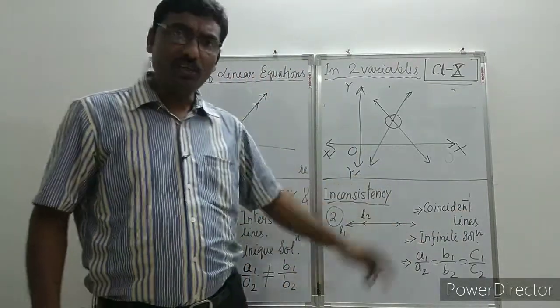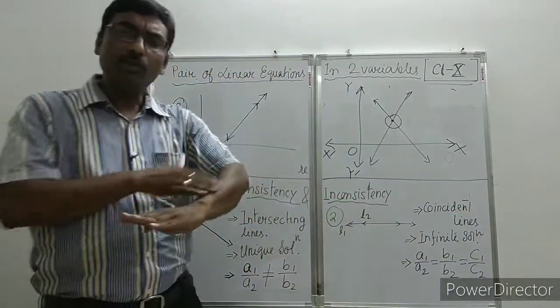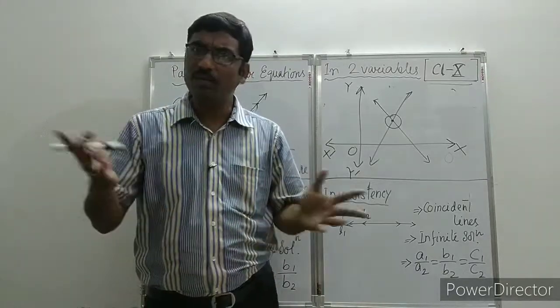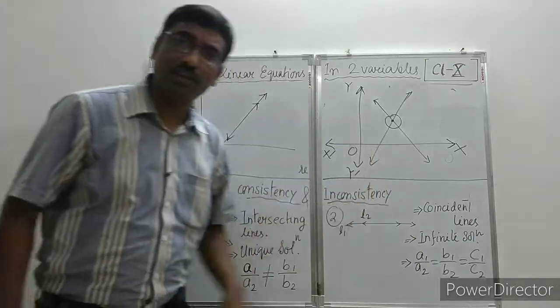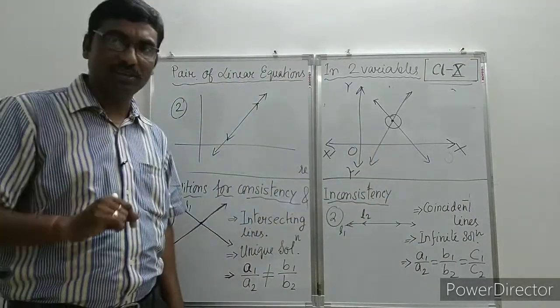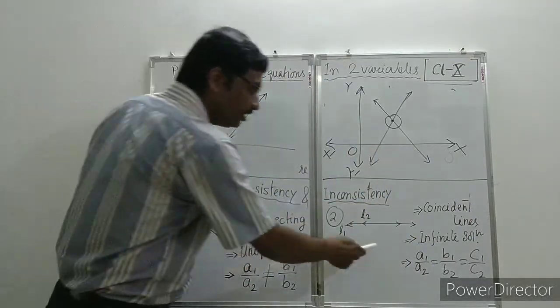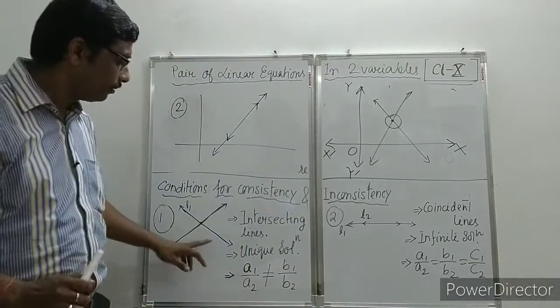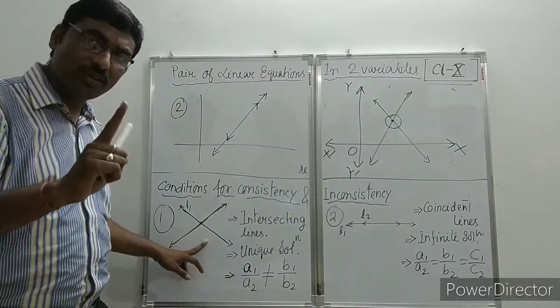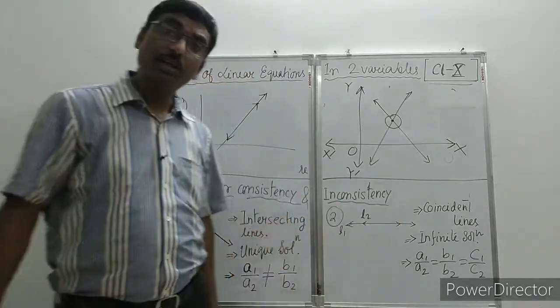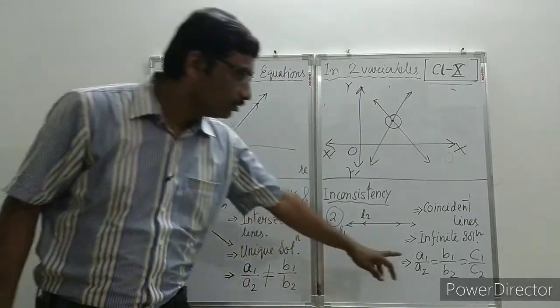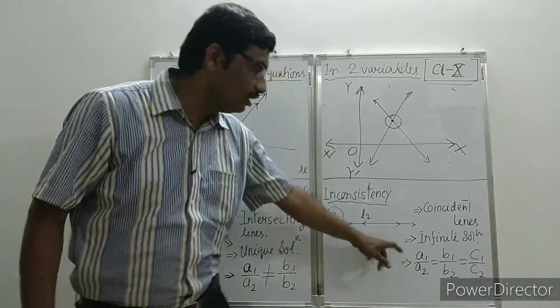So when there are coincident lines, means one line, how many solutions are there in one line? Infinite. So that's why it is written there are infinite solutions, means they have a solution. So in both these two conditions there is a solution. In the first condition there is one unique solution, and in number 2 there are infinite solutions. So what is the condition for infinite solutions?